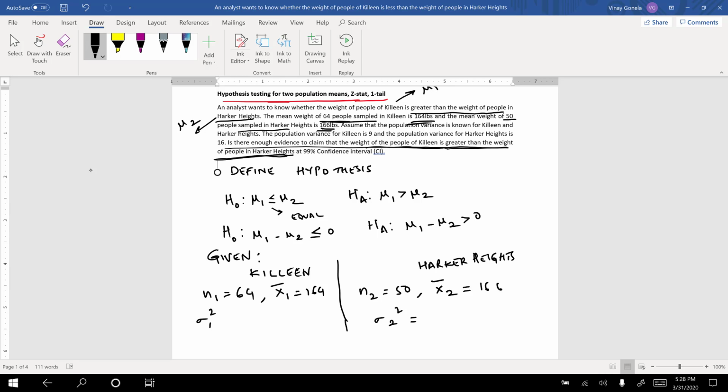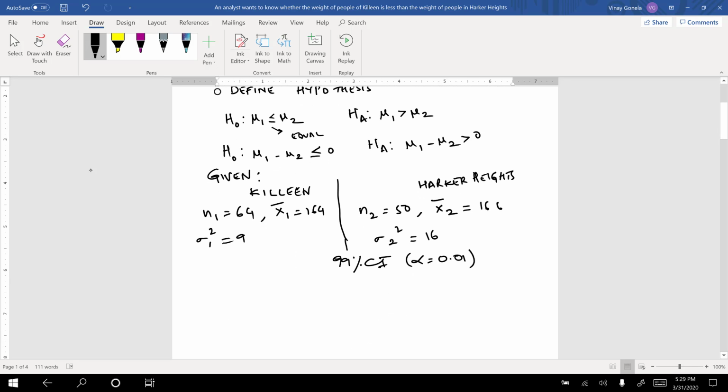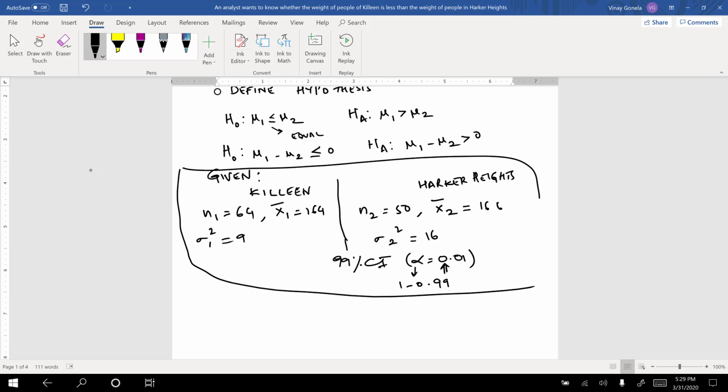The population variance for Killeen is 9, and for Harker Heights it is 16, and then we wanted to calculate at 99% confidence. So this means alpha is 0.01. To get alpha, 1 minus 0.99 is 0.01. So we have all this given.